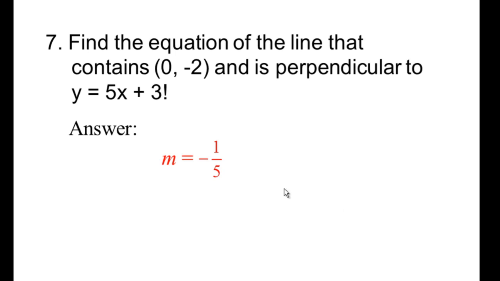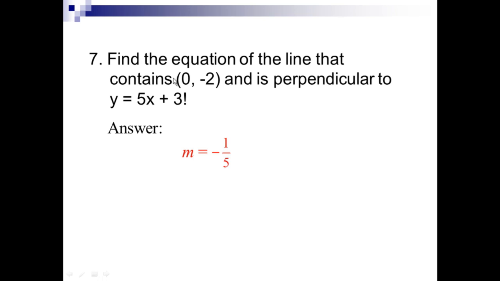Next question. Find the equation of the line that contains (0, negative 2) and is perpendicular to y equals 5x plus 3. Because it is perpendicular, gradient 2 is negative 1/5.